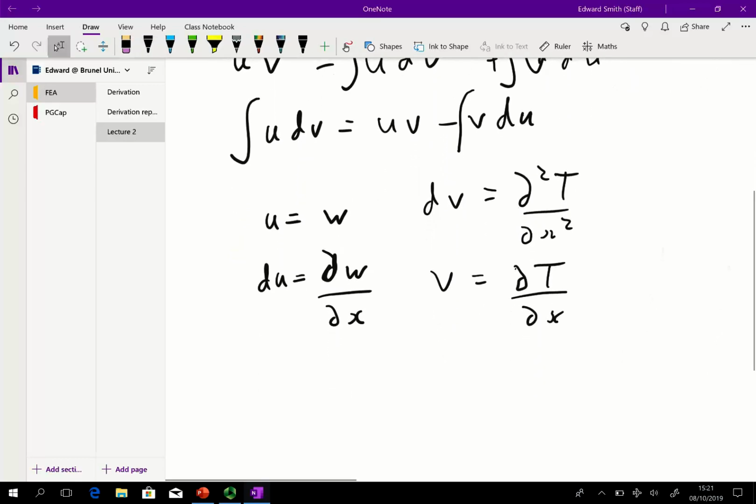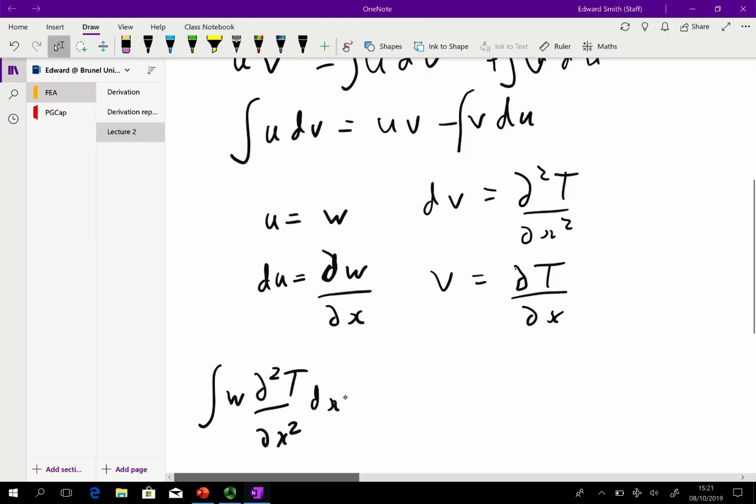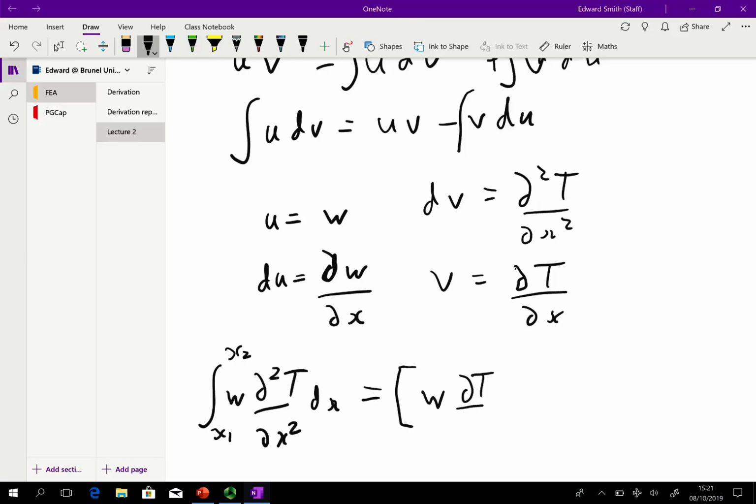So what we end up writing is the integral of w d2t by dx squared dx, which is our first expression, is then equal to, and bear in mind between the limits x1 and x2, we now have the u and v term, so that's just w and dt dx, like that, where the limits are between x1 and x2.